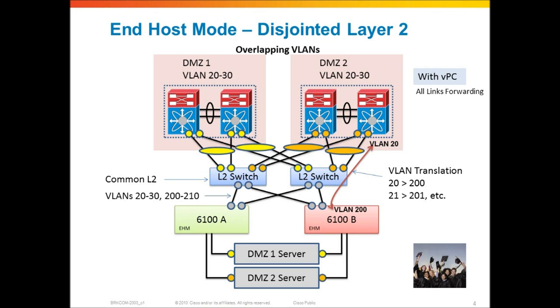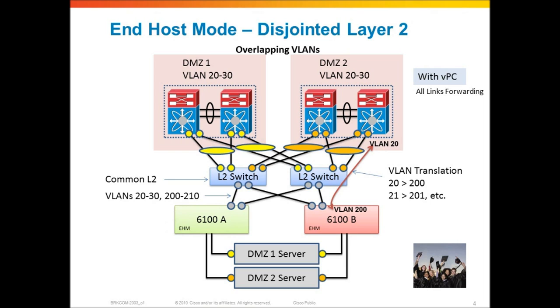So to get around that, what we can do is we can insert a Layer 2 switching environment in between the Fabric Interconnects and those upstream networks, and this Layer 2 switch supports a feature called VLAN translation. So what we'll be able to do is translate VLAN tags as they flow through this Layer 2 switch. So down here at the Fabric Interconnect, we've defined VLANs 20 through 30 and VLANs 200 through 210.